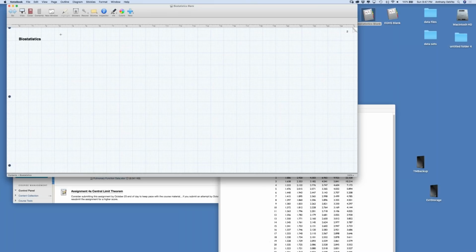So for instance, one of the things I might be interested in is demonstrating that the mean of population 1 does not equal the mean of population 2. Well, that would be very nice if we just went directly to that, right?